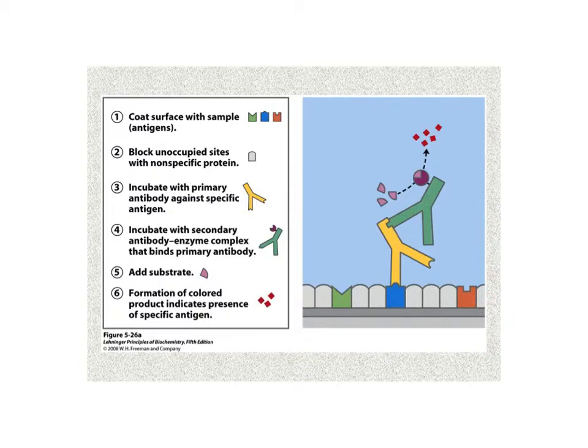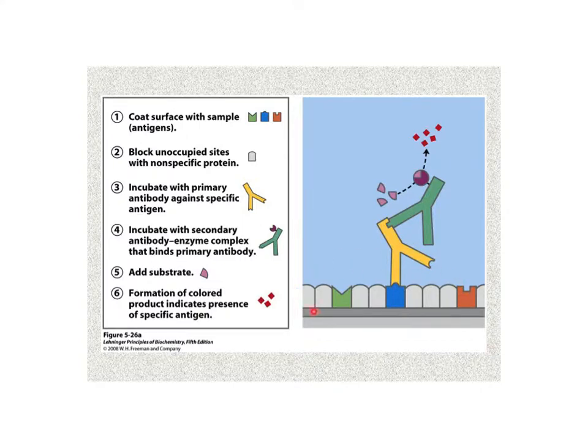You have to block anything that's unoccupied with non-specific protein. A lot of times I'll put in something like albumin, or even use things like milk, casein from milk, just something generic that's not going to elicit an immune response or react with your antibodies of choice.